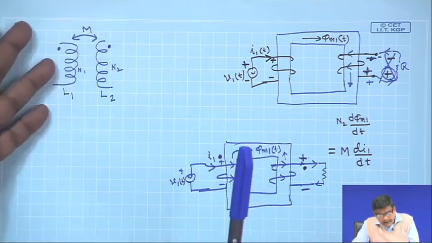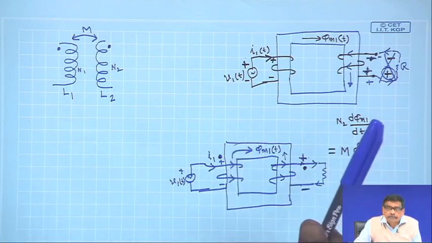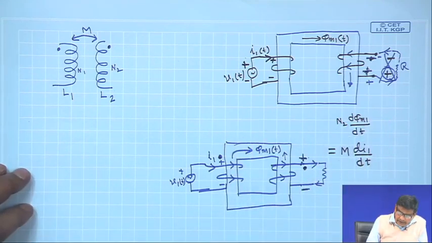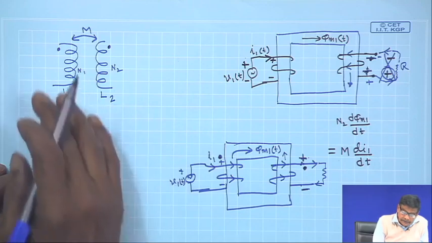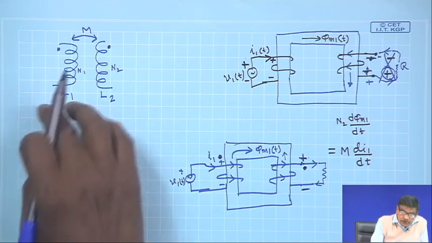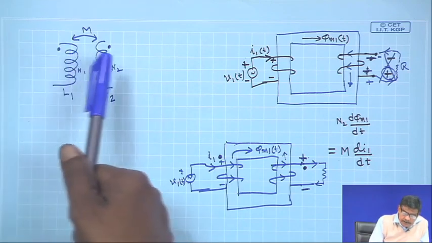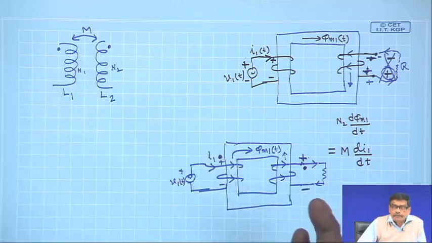If it is minus, it has to be minus, and so on. So, you understand that the dots simply indicate the instantaneous like polarities of these two coils. If it is plus, it will be plus, if it is minus, it will be minus, and so on.